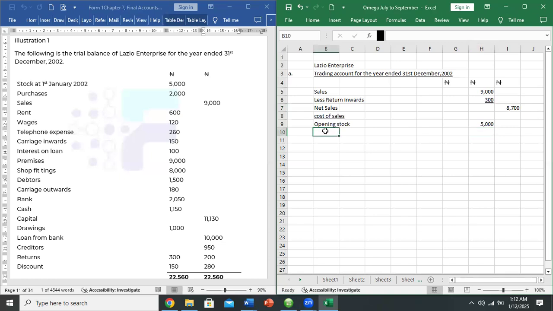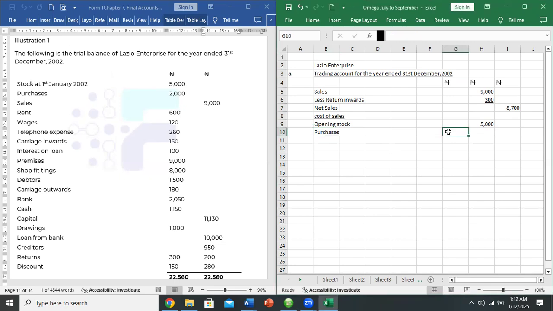We add our purchases, but we ensure that the purchases is adjusted with any return outwards and carriage inwards. Okay, any return outwards and carriage inwards. So if you check the question, these are purchases, and we have carriage inwards here, as well as the return outwards, which is the 200 at the credit side on the returns line. Okay, returns, and the credit side is the return outwards.